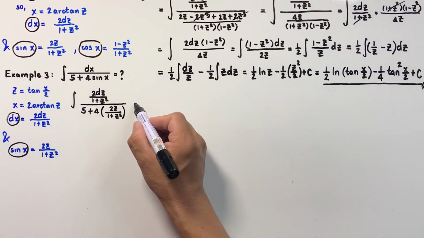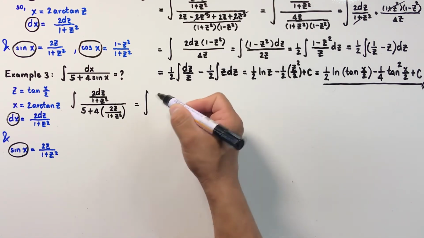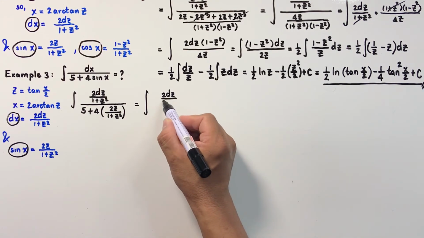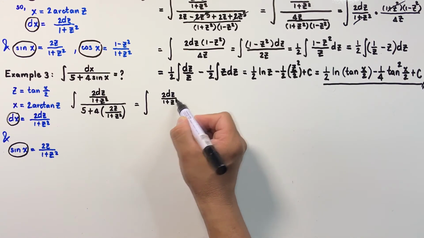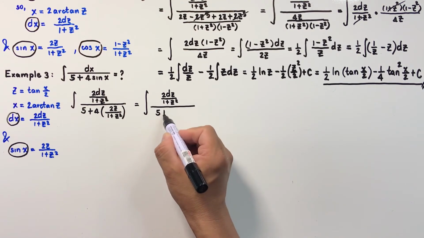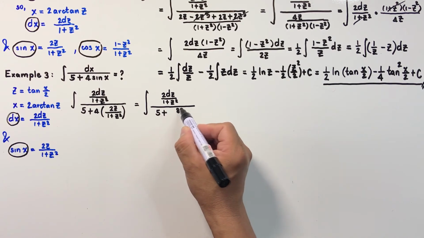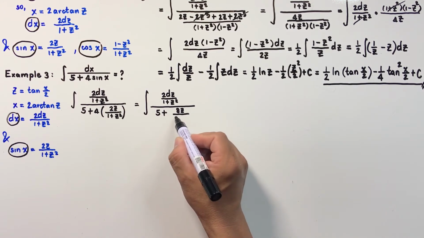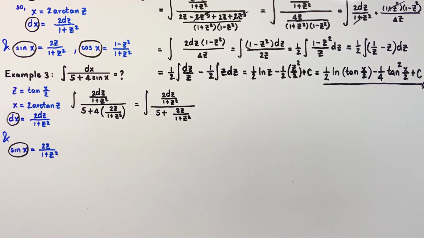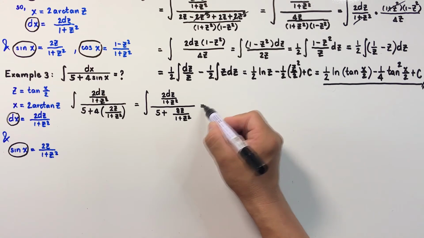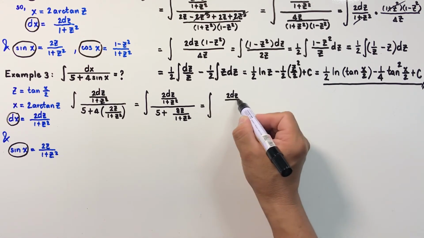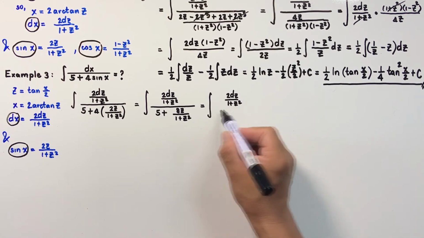So simplifying our integrand, we have the integral of 2 dz over 1 plus z squared. We can combine the denominator. We can simplify the denominator as 8z over 1 plus z squared to multiply 4 and 2z. And then we can combine the denominator here by finding its least common denominator.